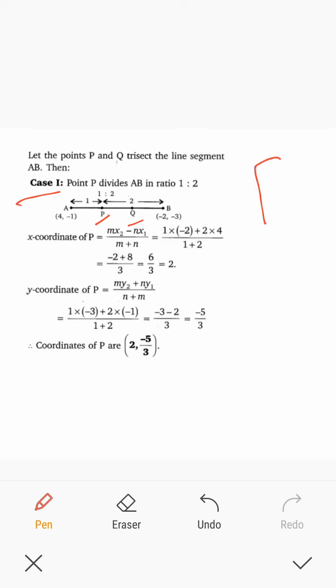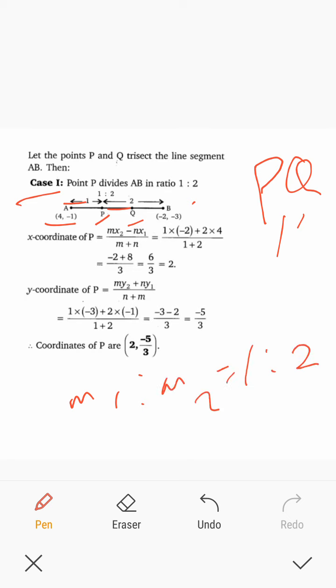So case 1 is for finding the coordinates of P. Line segment AB is divided into 3 equal parts by the points P and Q. So AP is to PB is 1 is to 2. Do you remember we have discussed it before? So in this case the ratio of division m1 is to m2 is equal to 1 is to 2.